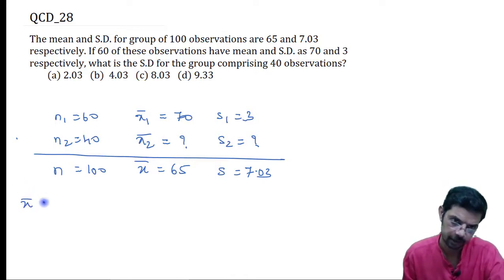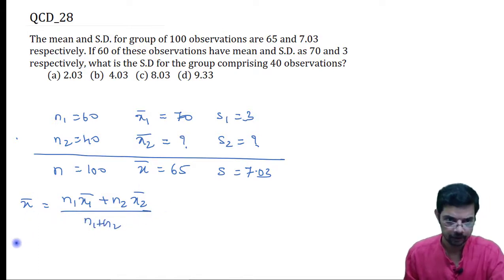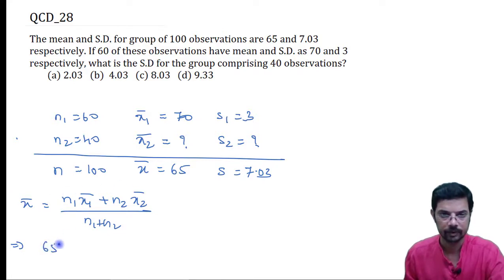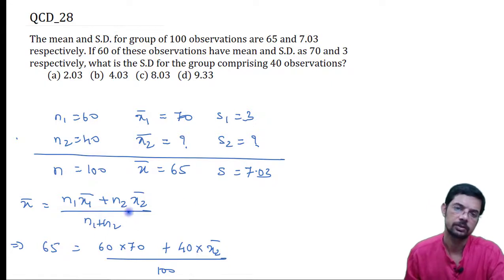We have x bar is equal to (n1 x1 bar plus n2 x2 bar) divided by n1 plus n2. X bar is 65. So 65 is equal to 60 into 70 plus 40 into x2 bar, divided by 100, since n1 plus n2 is 100.